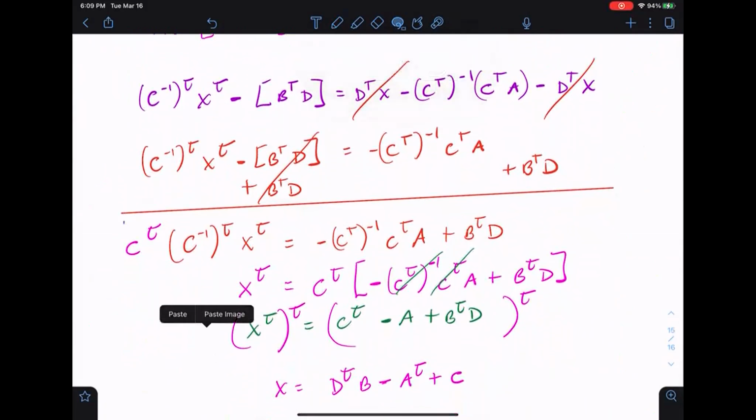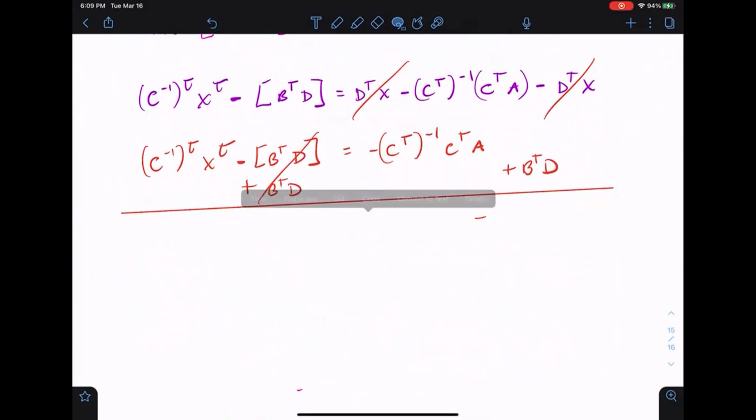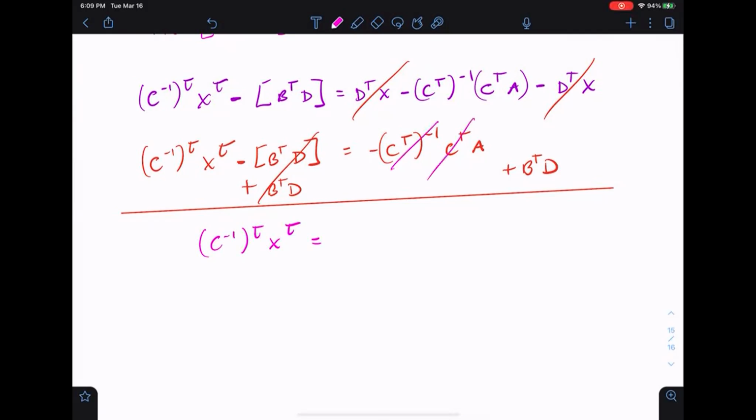So let's check this stuff. Here we have C. We add this to both sides, and we have C inverse transpose X transpose, and this is equal to, this cancels out, like I said before. And this is negative A plus B transpose. Yeah, that should be done this way.